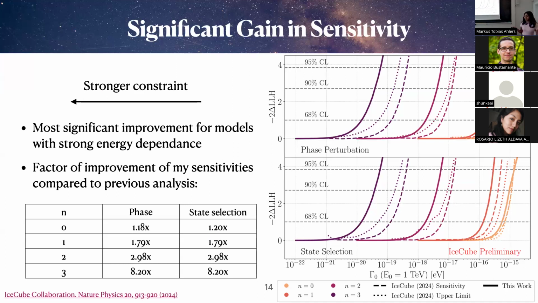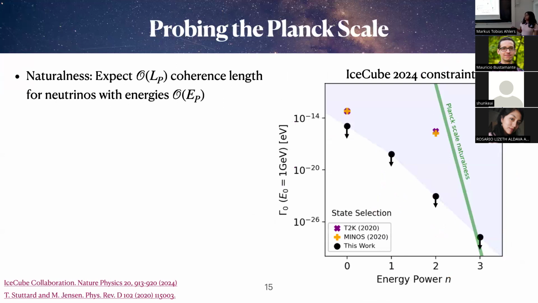But what does this all mean? So we can go back to thinking about the Planck scale. And if we apply a naturalness argument, we would expect that neutrinos of order Planck scale energies would have coherence lengths of the order of the Planck length, just by a nice assumption.